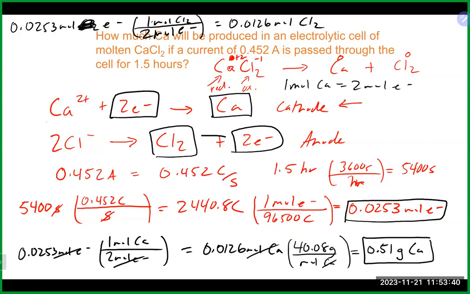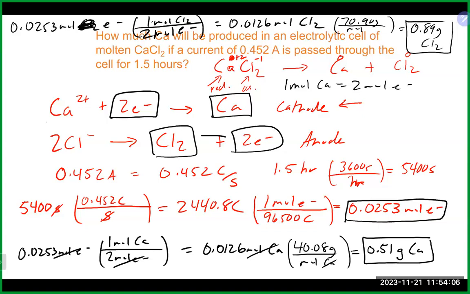You could also just get the molar mass of Cl2, if that was the question. The molar mass of Cl2 would be 70.90, from the periodic table, and that would get you about 0.89 grams of Cl2.